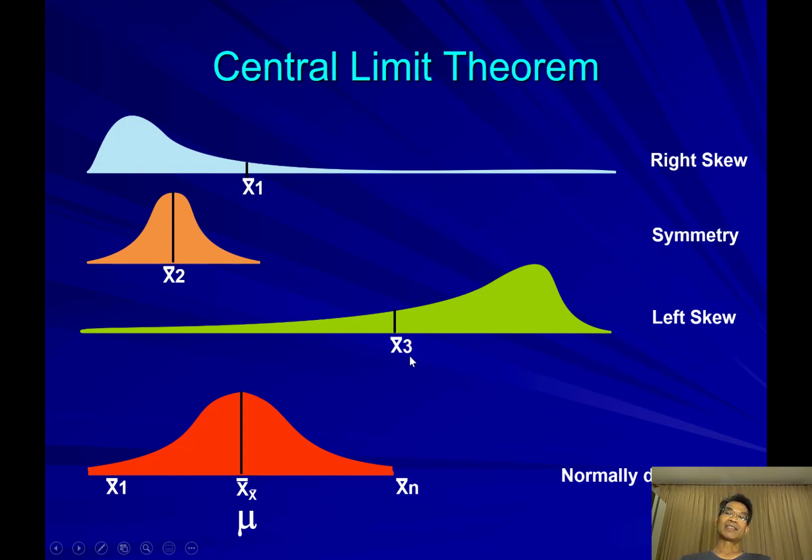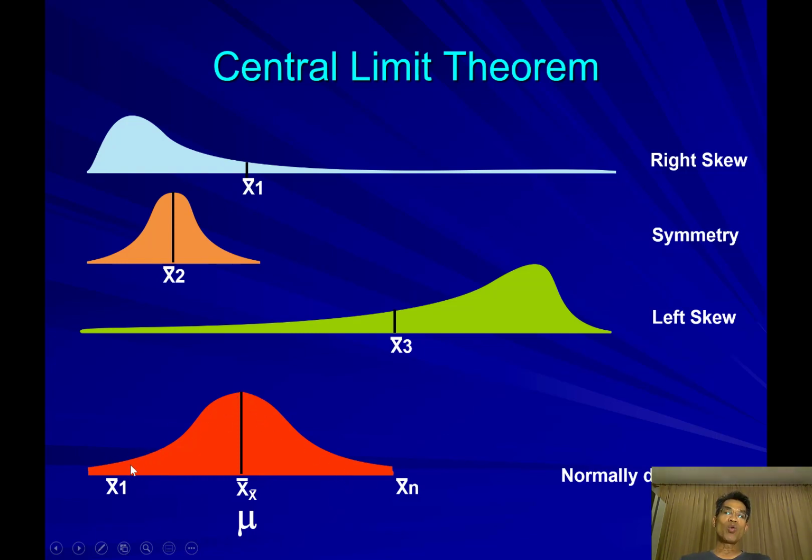The last researcher gets X bar 3. We repeat a lot of studies, meaning repeated sampling, and take the X bars to plot. This is called the distribution of the statistic. Here the statistic describes the sample. So this is the distribution of statistics.